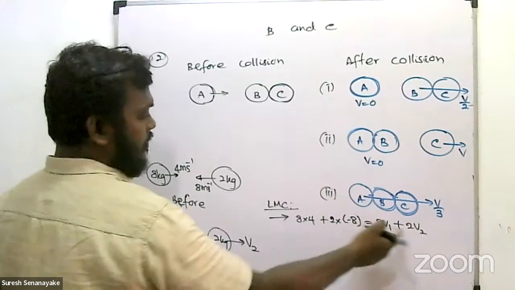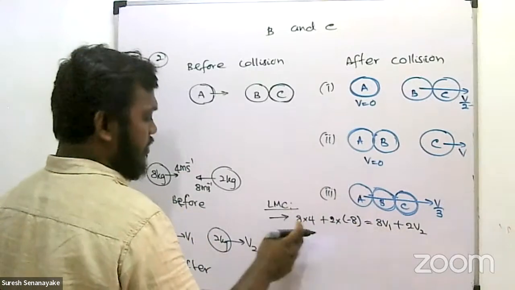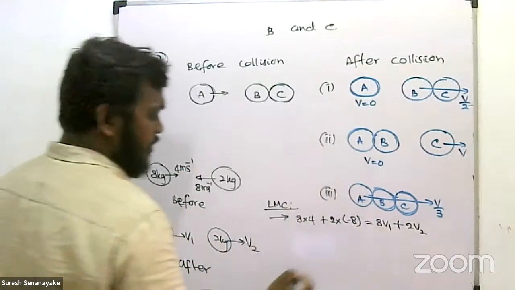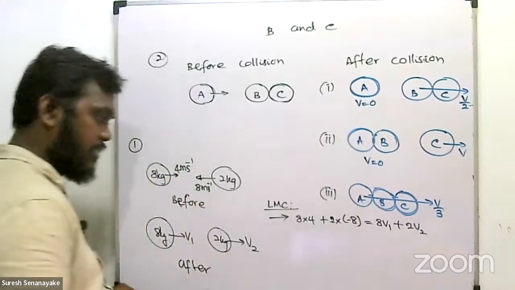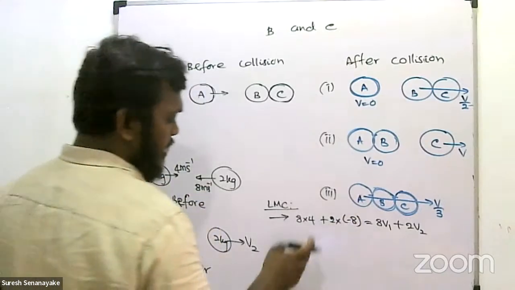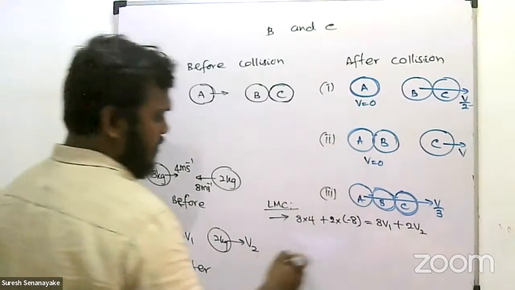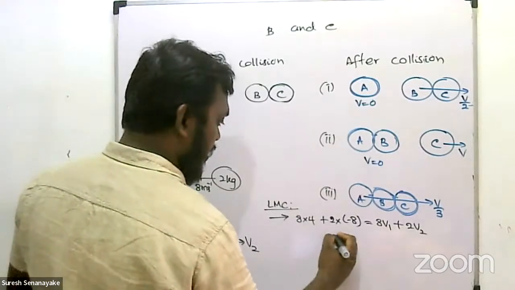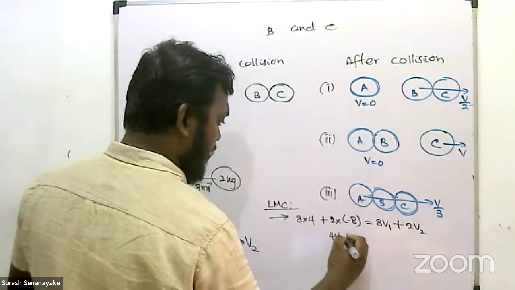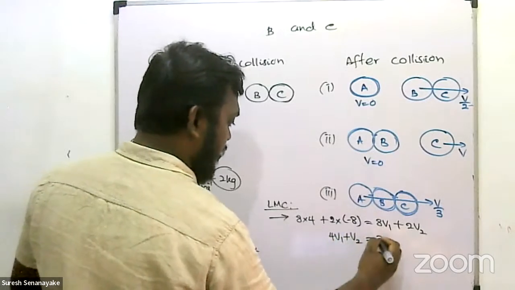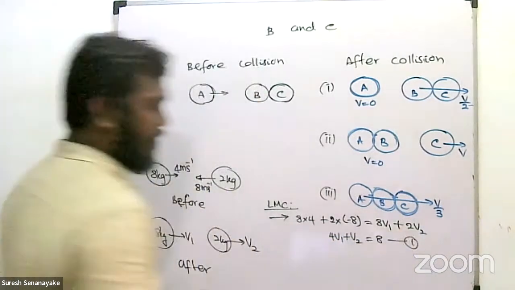Dividing by 2 and simplifying, you can write 4v1 plus v2 equals 8. That's the equation you can use.